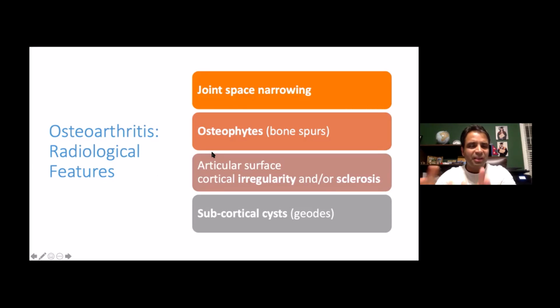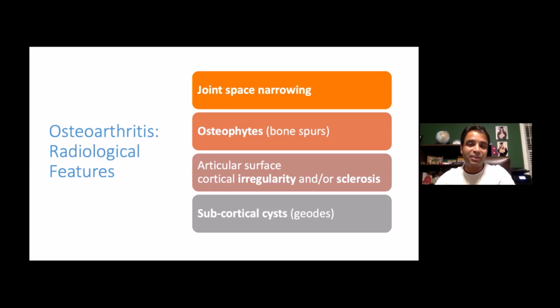Now, these are the different findings that we find on X-ray. The X-ray is an important tool in the diagnosis of osteoarthritis. Osteoarthritis is typically a clinical diagnosis, but you could use X-rays to support your clinical impression.